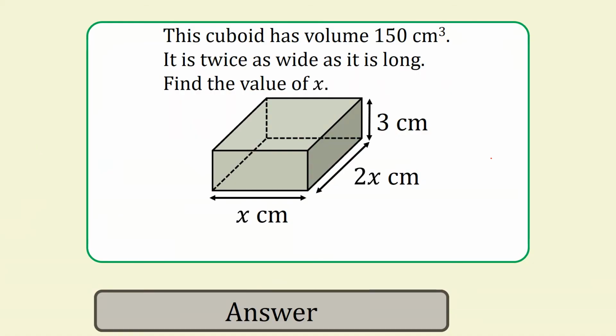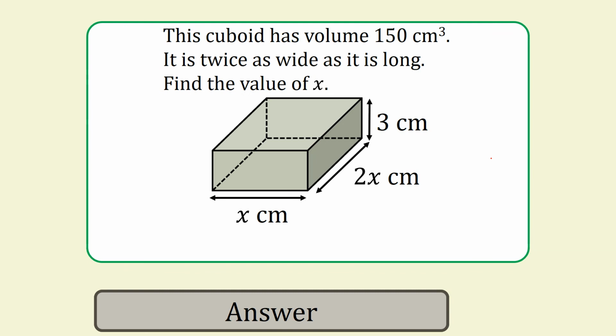Right, there is a tricky one to finish with. So have a think about what happens. 3 times these two numbers is going to give you 150, isn't it? 3 times those two numbers on the bottom are going to give you 150.